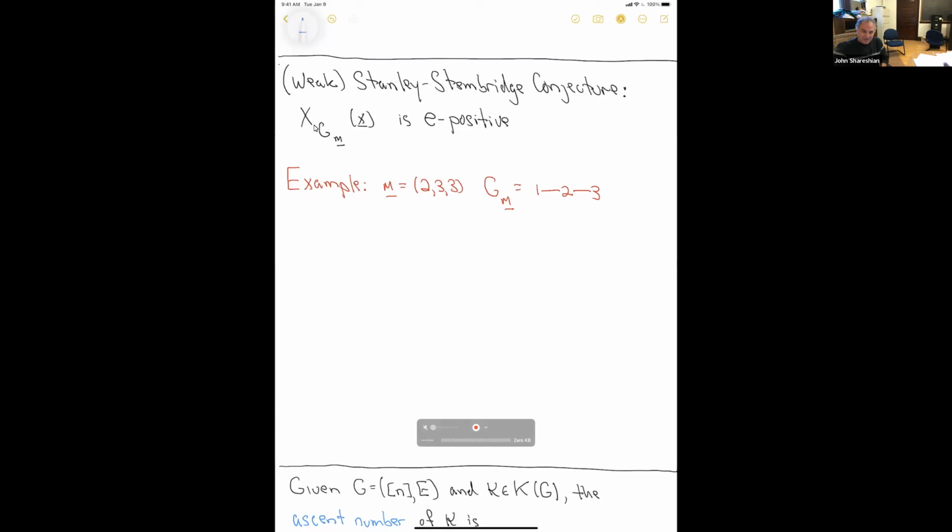These graphs are a special case, right? They are in fact incomparability graphs of posets that are 3+1 free and 2+2 free, but it's a theorem of Mathieu Guay-Paquet that if you prove this weak Stanley-Stembridge conjecture, the entire Stanley-Stembridge conjecture follows.